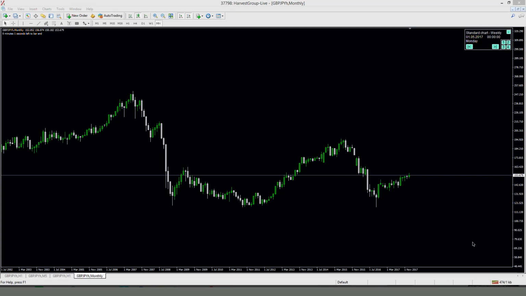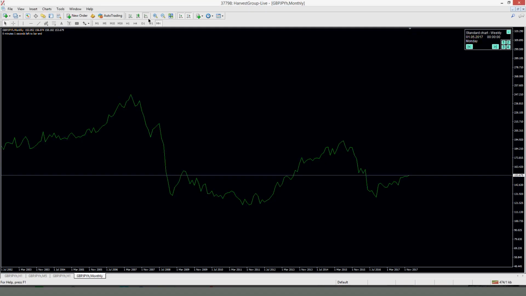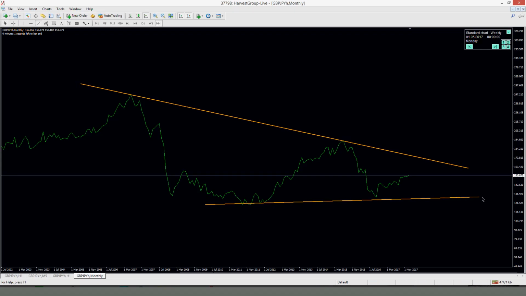There's a lot of lines, so sometimes it gets you confused. So what I usually do is I map the trend lines. As I can see here, we're doing this for GJ monthly. I usually like to do the trend lines for this case.